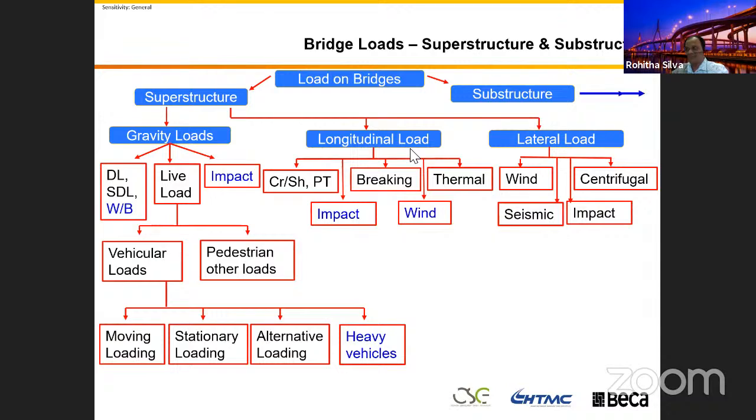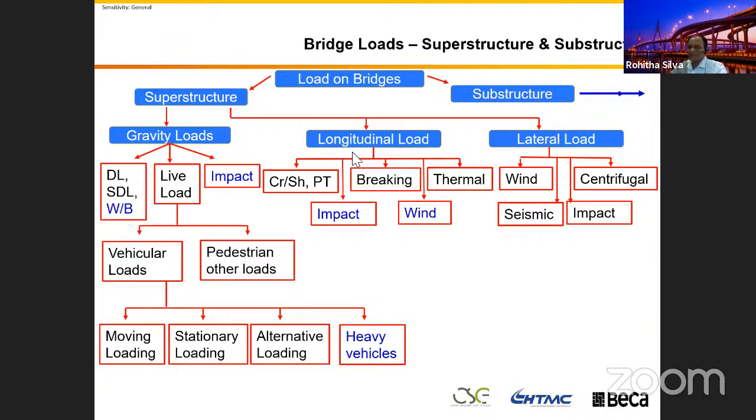And the lateral load. We separate into 3 different loads. If I explain mathematically, X, Y, Z axes: X is the longitudinal direction, Y is the transverse direction, and Z is the vertical direction.